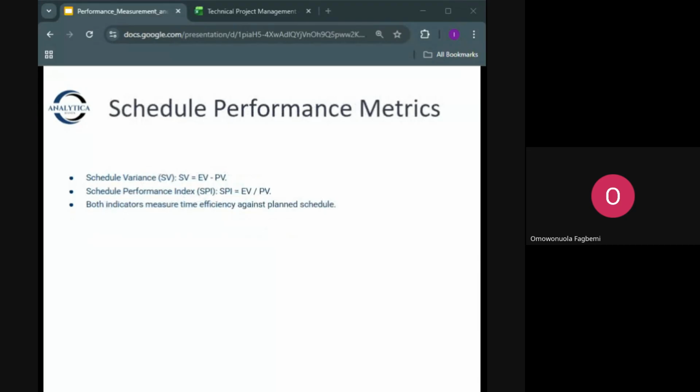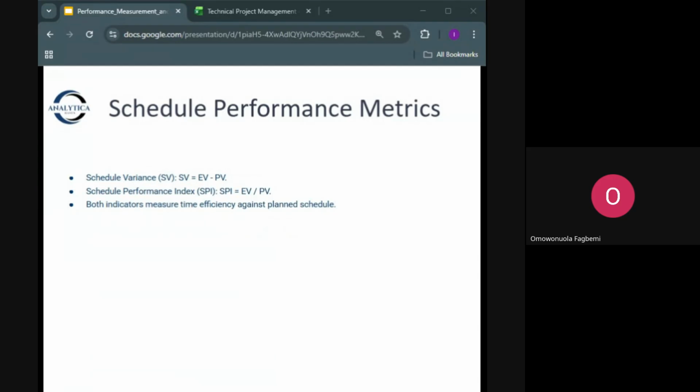One key measure is schedule variance, which is SV. It's the difference between what we plan to complete and what we actually complete. I've said before, there's some mathematics here. So the formula for schedule variance is earned value minus planned value.